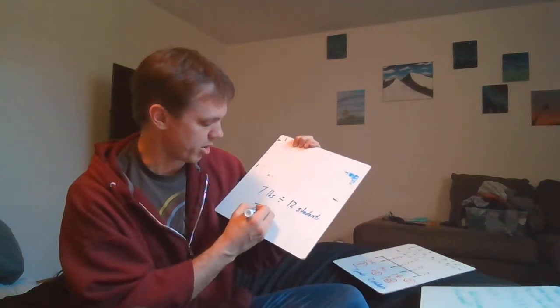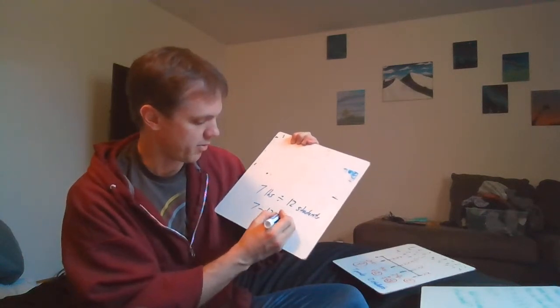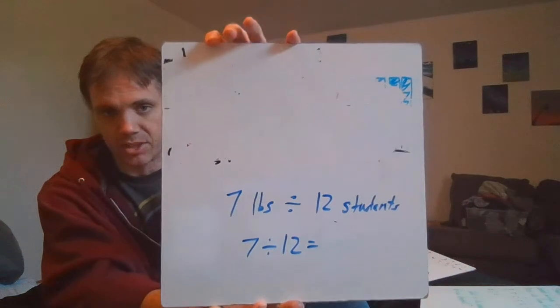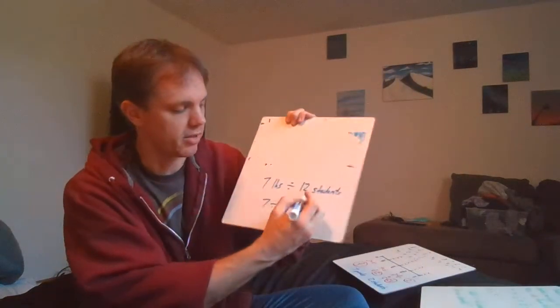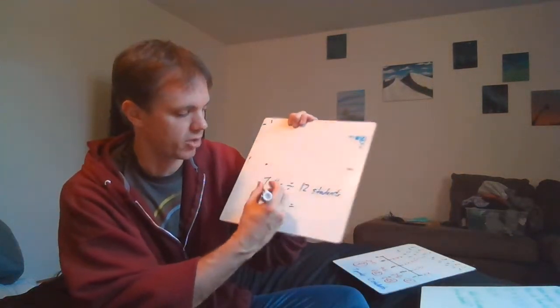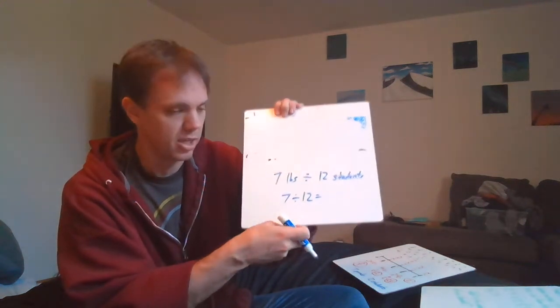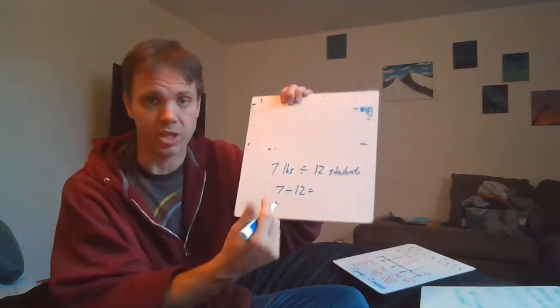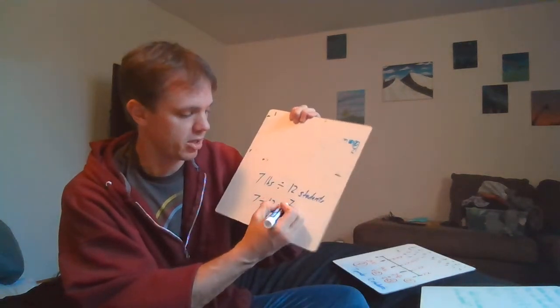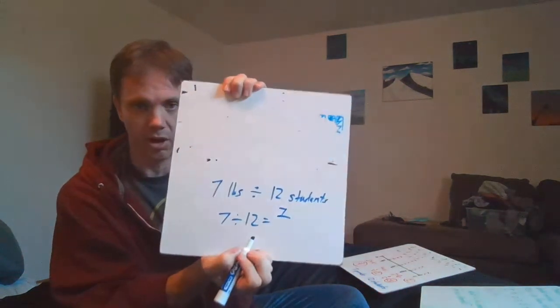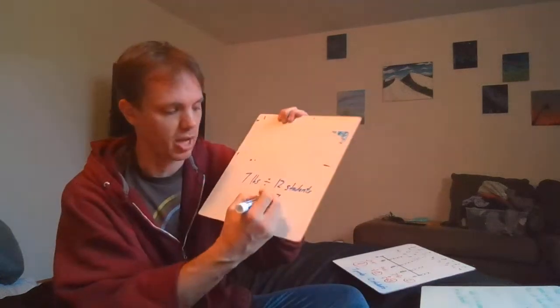And if you guys remember from the last chapter, we can think of division as basically just fractions. So 7 is the thing that we're dividing. It's our dividend, and so that becomes our numerator. So we're going to have 7 over 12, our divisor, which becomes our denominator.